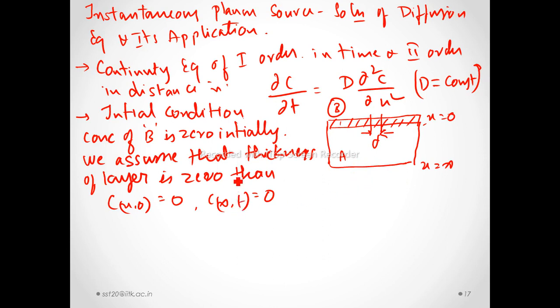That means it won't diffuse throughout the sample, it diffuses on the surfaces. This is equation 1, this is equation 2, and this is equation 3.